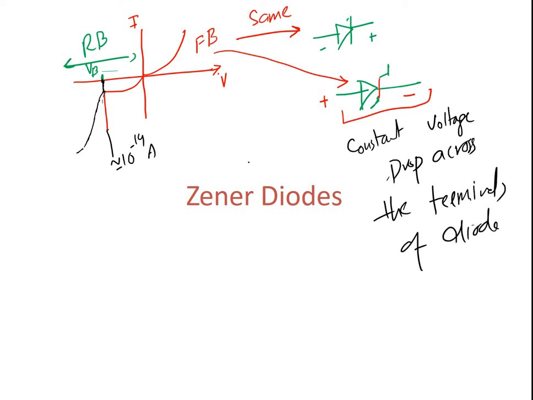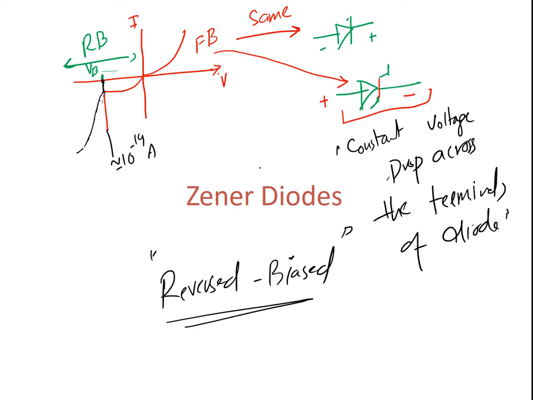Most of the time we use Zener diodes in the reverse biased operation. We can use them in forward biased, but their major applications are for operation in reverse biased.